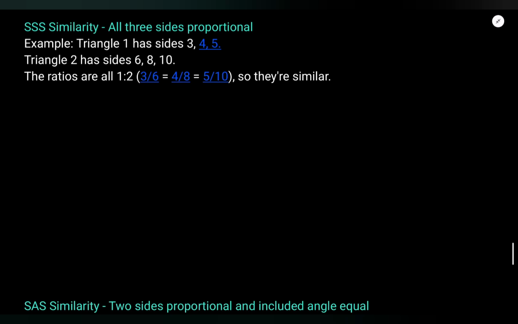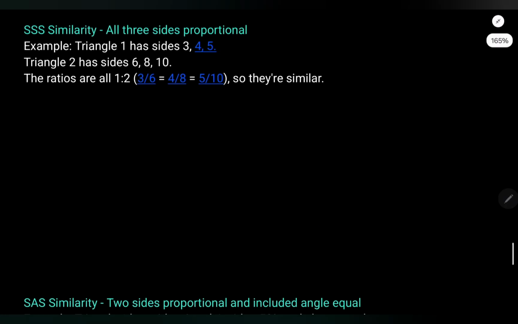Next we have side similarity, when the sides are in proportion. One is 3, 4, 5, second is 6, 8, 10, or you can say 9, 12, 15. When the sides are in ratio, the triangles will be similar. Okay, this is SSS similarity. In SSS congruency their sides were equal.